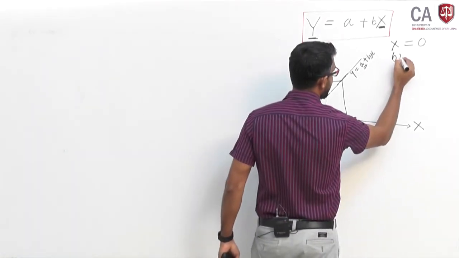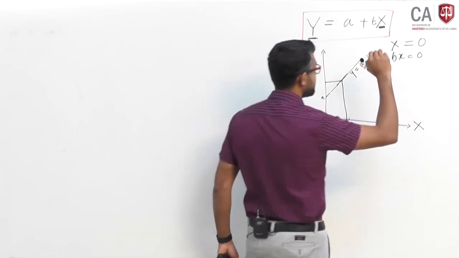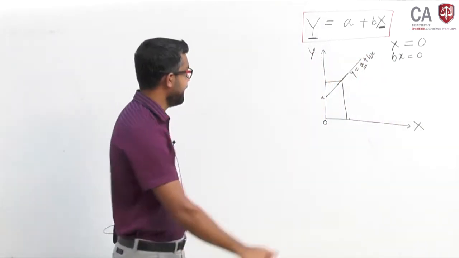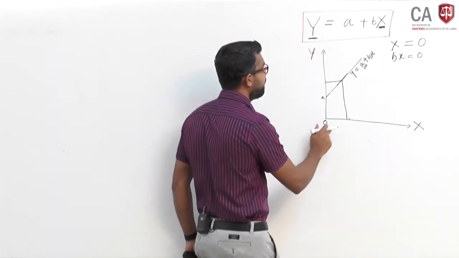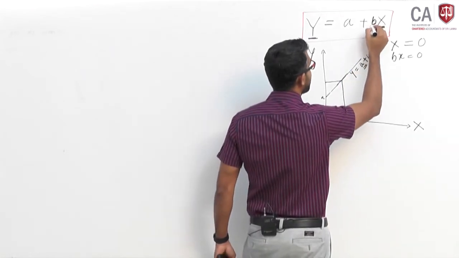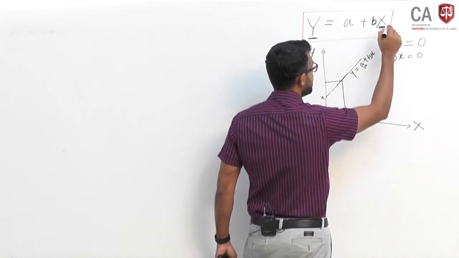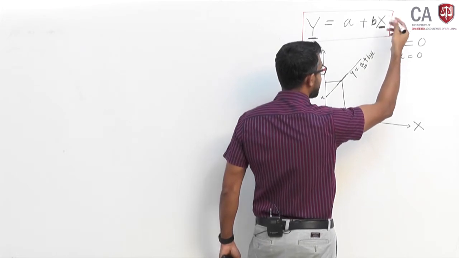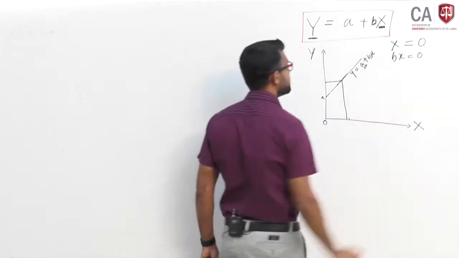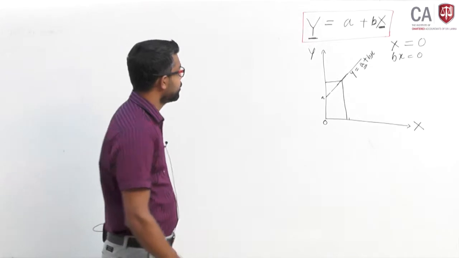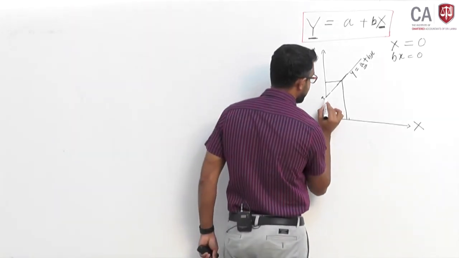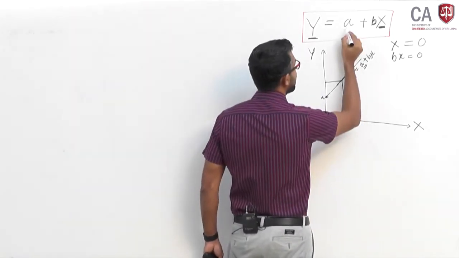Bx anyway will be 0. That you know, no? So when x is 0, whatever value B is multiplied with, the answer is 0. So what is the value here then? We identify it as A.